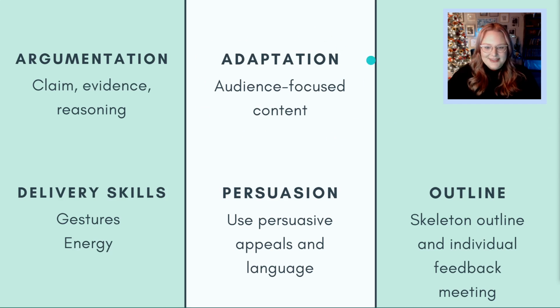As always, as we've talked about all semester, we are adapting our content to our audience, and that includes the topic that you choose. And we're going to talk about that in just a minute. We'll be talking this round also about persuasive appeals. We'll cover that towards the end of this module, and we'll talk about how you can incorporate various persuasive appeals into your speech effectively and ethically.